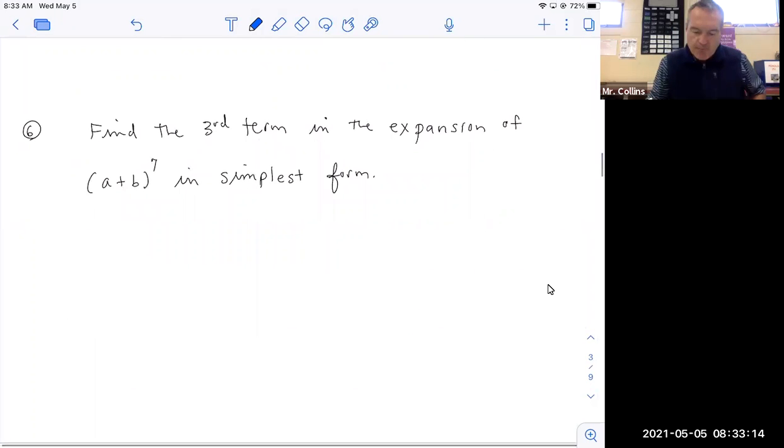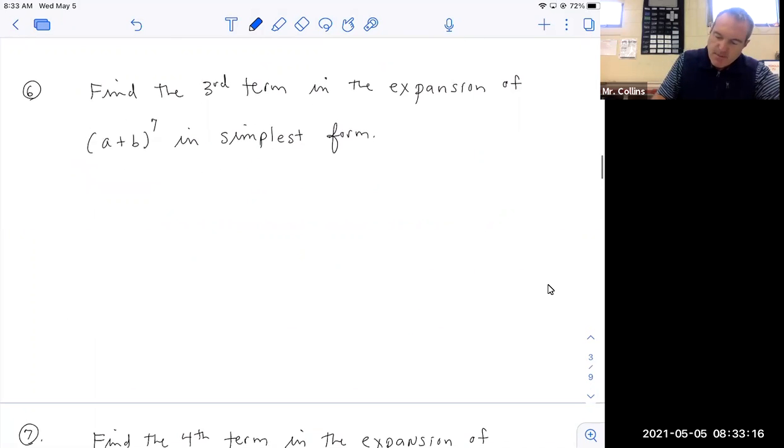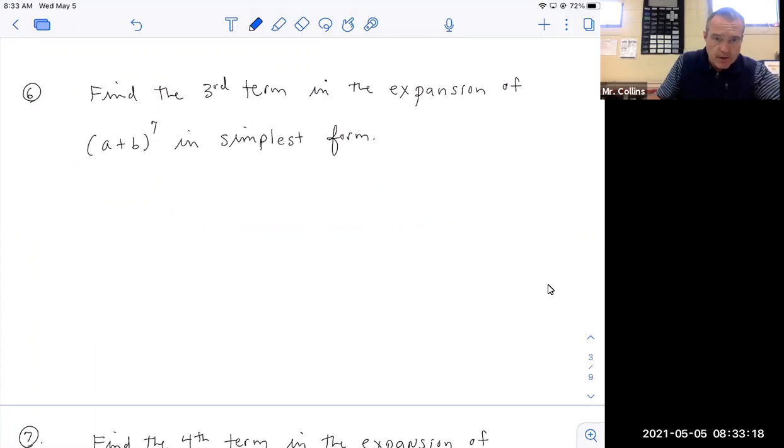The third term of that expansion. So now we're talking about the binomial theorem. We start with a binomial coefficient, which is one of these choose numbers. If the power is 7, that'll be the top number in the combo. If you want the third term, it's actually 7 choose 2.